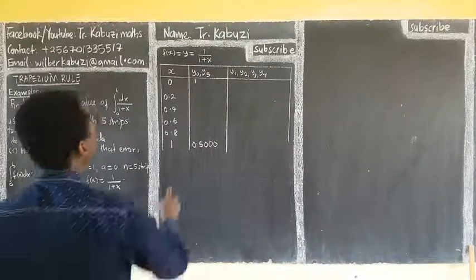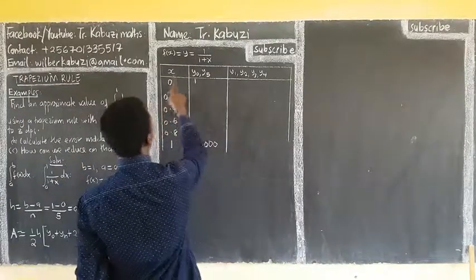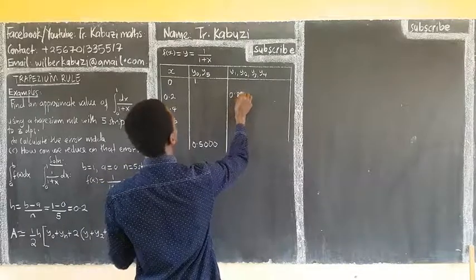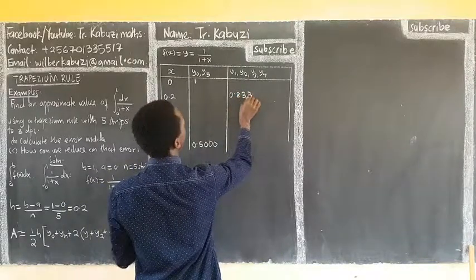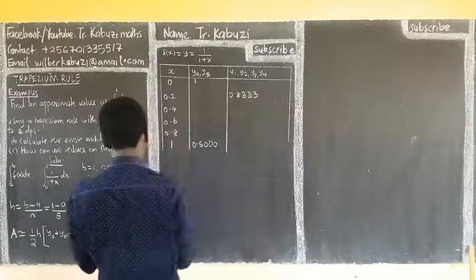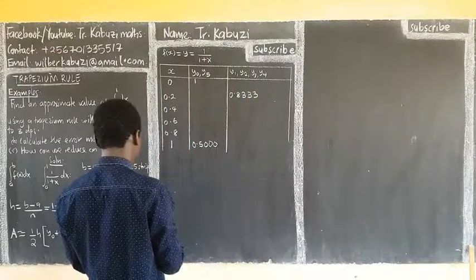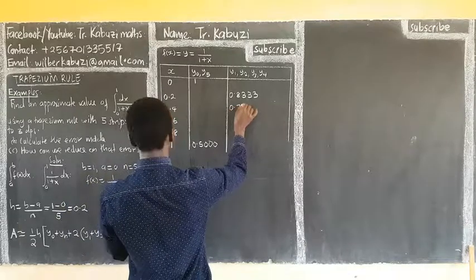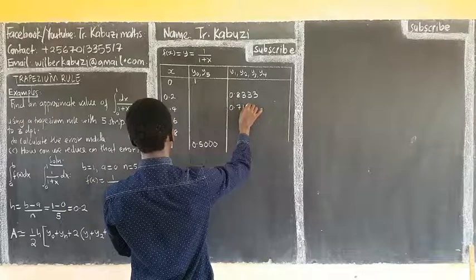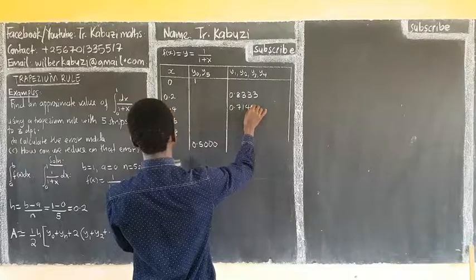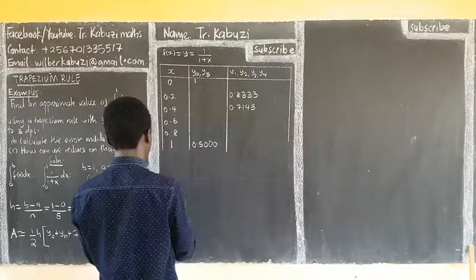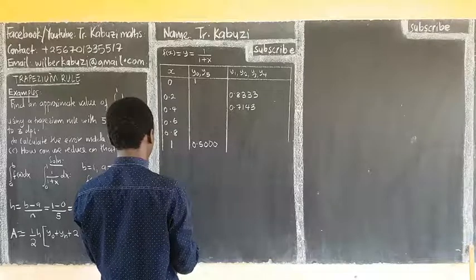So the corresponding value of x is going to give me 0.833. Then this one you change. Now the x is 4, so it's going to be 0.7143 to 4 decimal places. Then the next you change to 6, 0.6 now.